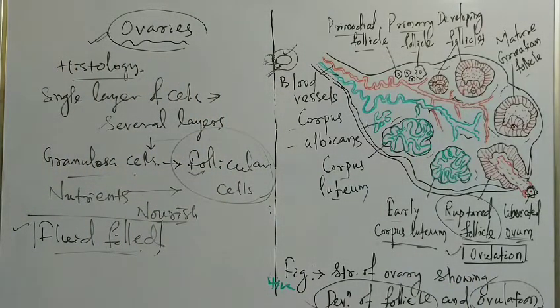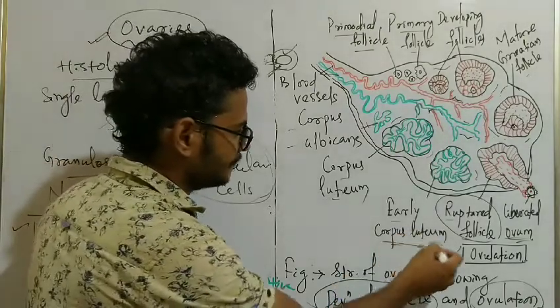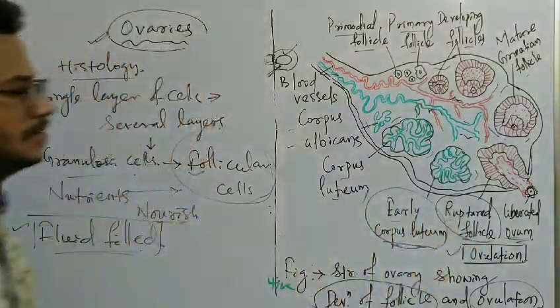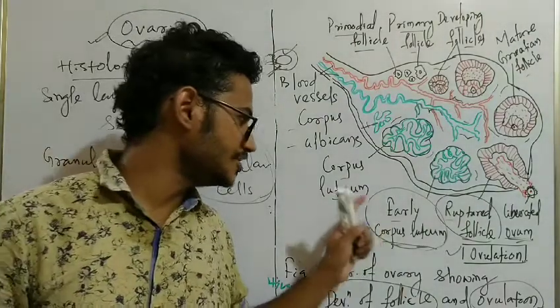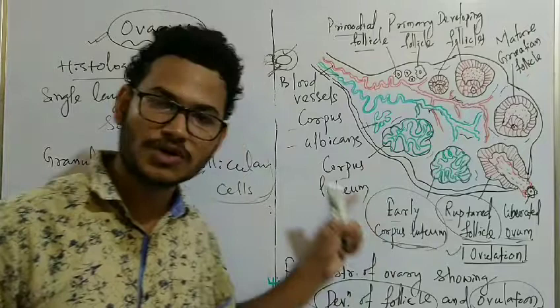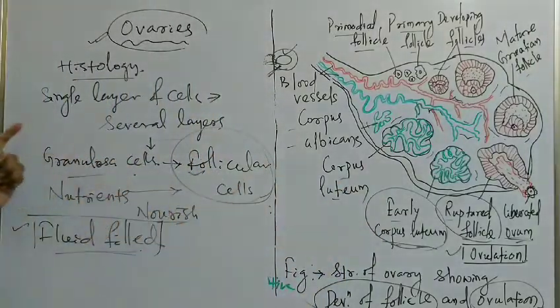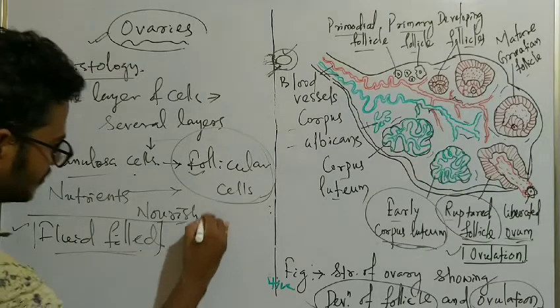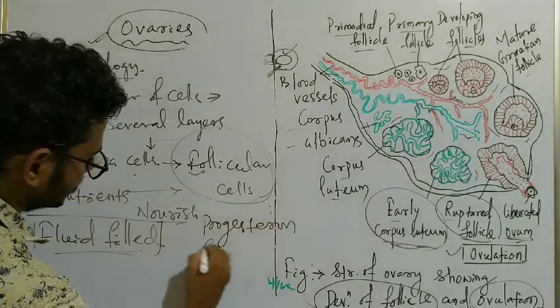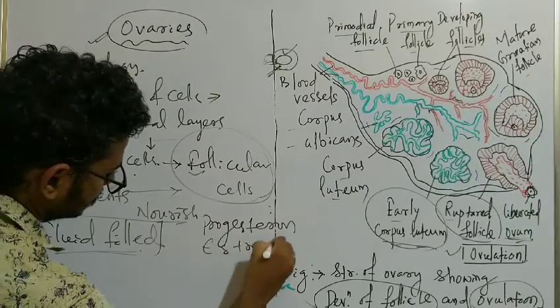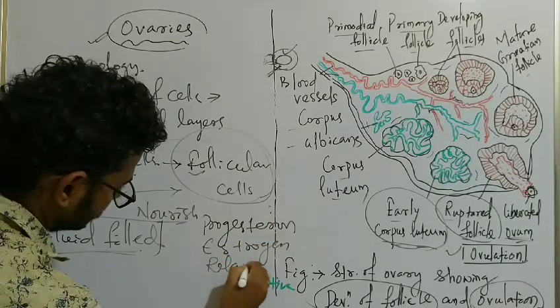Okay, so ovulation. The corpus luteum is produced after the Graafian follicle is ruptured, and this corpus luteum, I told you, is important for the secretion of the female sex hormones, which we call progesterone, estrogen, relaxin.